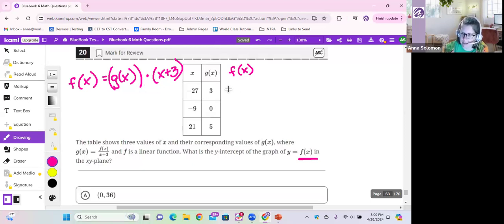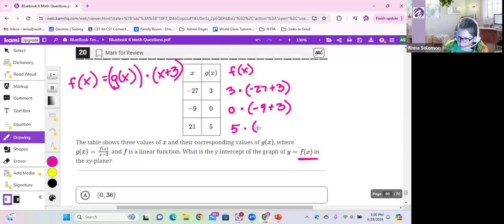So if it's g of x, that's going to be 3 times x plus 3. Our x is negative 27 plus 3. Let me do all of these while I'm in the moment: negative 9 plus 3, and 5 times 21 plus 3.